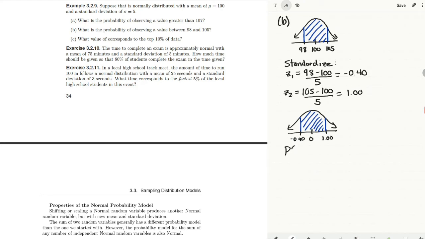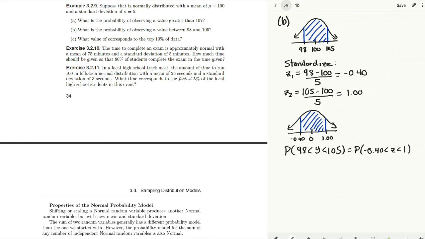And so the area between 98 and 105 is equivalent to the area between negative 0.4 and 1 for the standard normal curve.